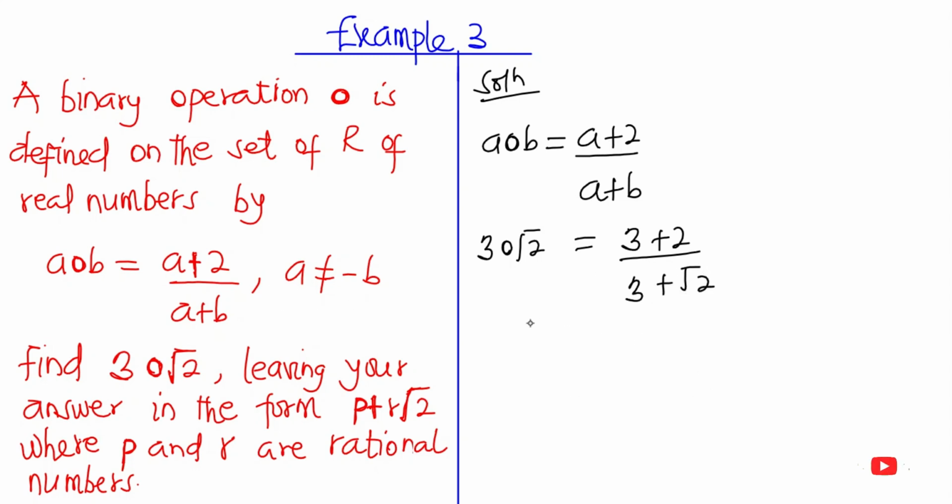So here we can see that there is a surd at the denominator, and in mathematics, when there is a surd at the denominator, we have to rationalize by finding a conjugate, so that the denominator becomes a rational number but not a surd. So by rationalizing and finding the conjugate, we are going to multiply by 3 minus square root of 2 divided by 3 minus square root of 2.